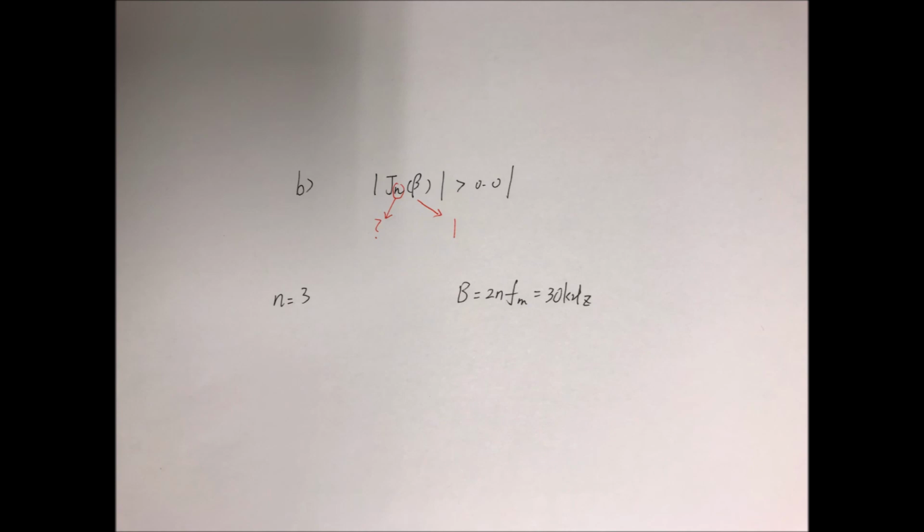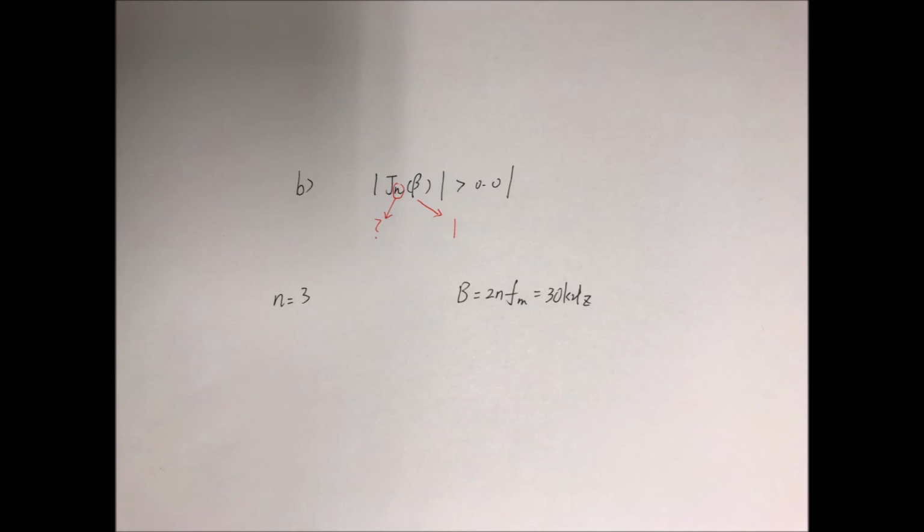The third one, 0.02. The next one is not listed here because it's too small. So we consider the sidebands 0, 1, 2, 3. They are significant sidebands. The last one is N. N equals 3. When N equals 4, it will be too small.